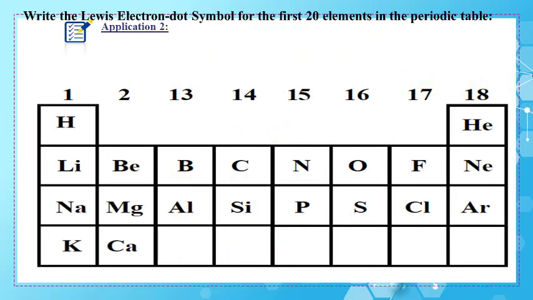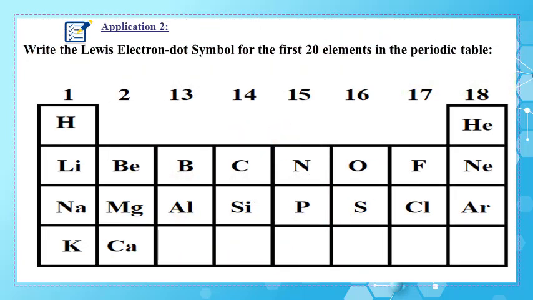Now it's your turn to write the Lewis electron dot symbol of the first 20 elements in the periodic table. You can pause the video, solve, and then check your answers. Elements of column 1 have only one valence electron, and it can be placed on one of the 4 sides when writing the Lewis dot symbol of the atom.